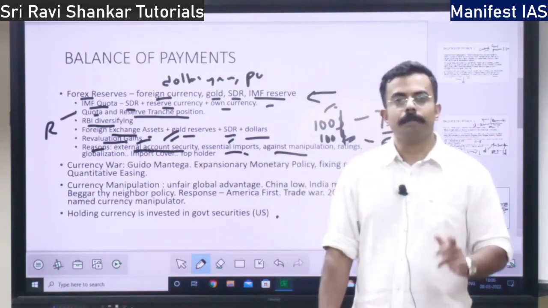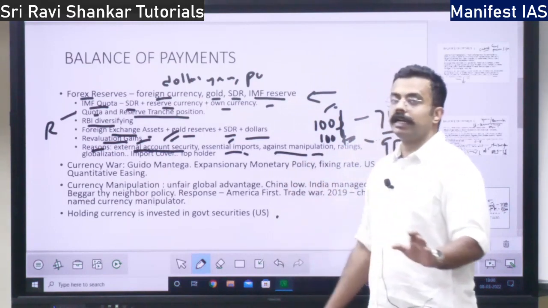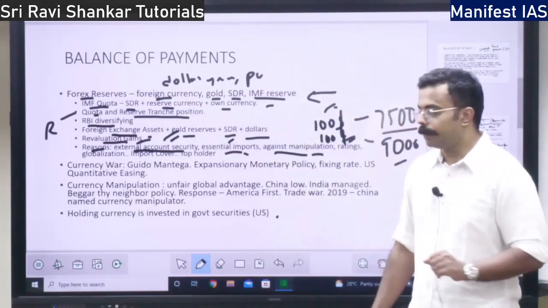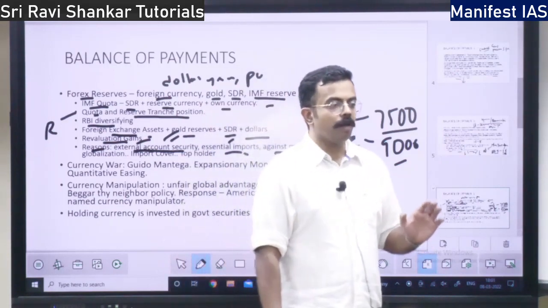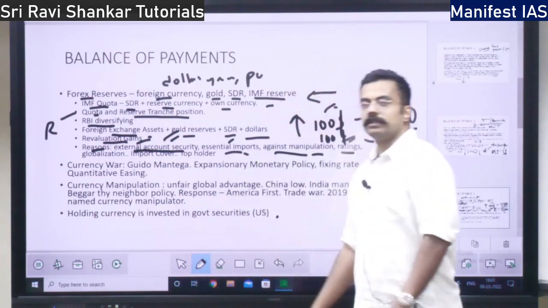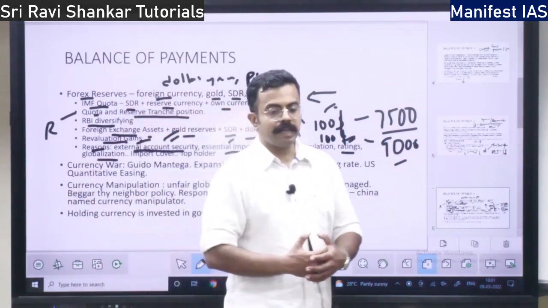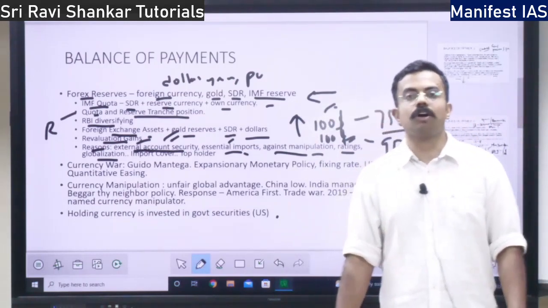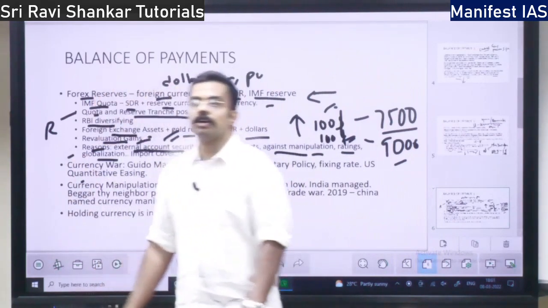But if we hold the Forex reserve, the Indian rupee will be insulated from the devaluation or currency manipulation, right? Then you have ratings. When you have more Forex reserve, the ratings will be high. Then globalization. With more Forex reserve, the country will get interconnected with various countries across the world. So Forex reserve will help in globalization.